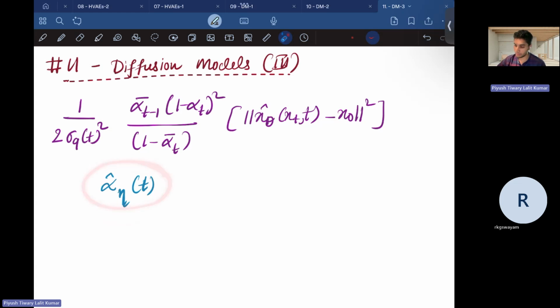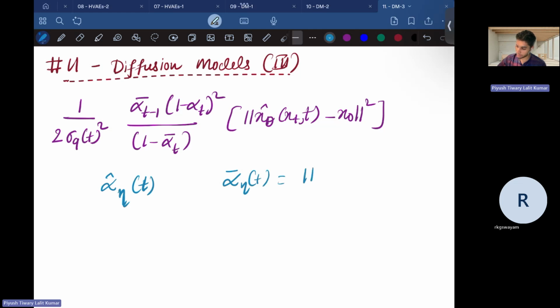Why is it a bad design choice? Because it is not just alphas that you have to worry about. You have to also worry about these alpha bars as well. In that case, what will be your alpha bar eta of t?